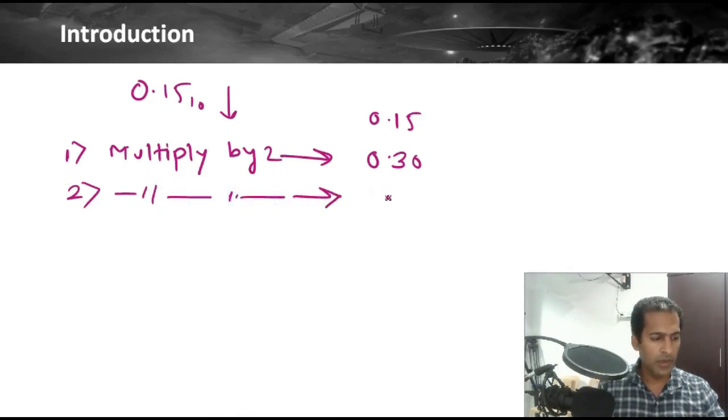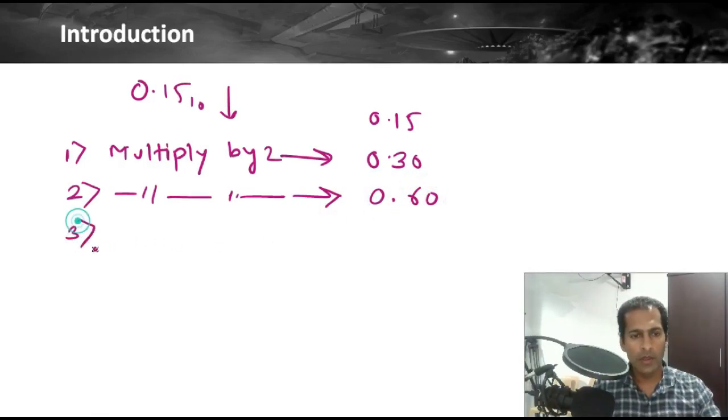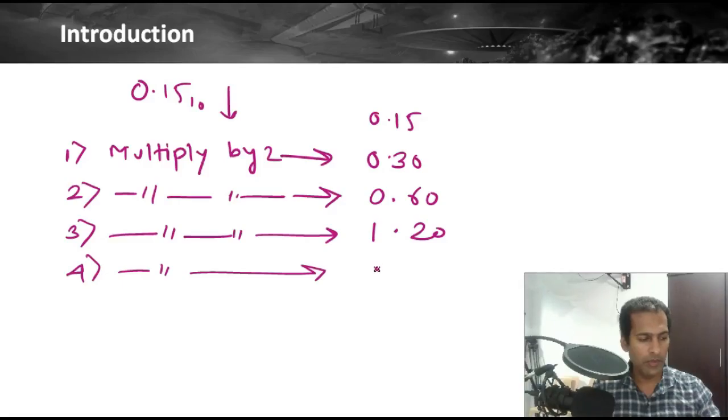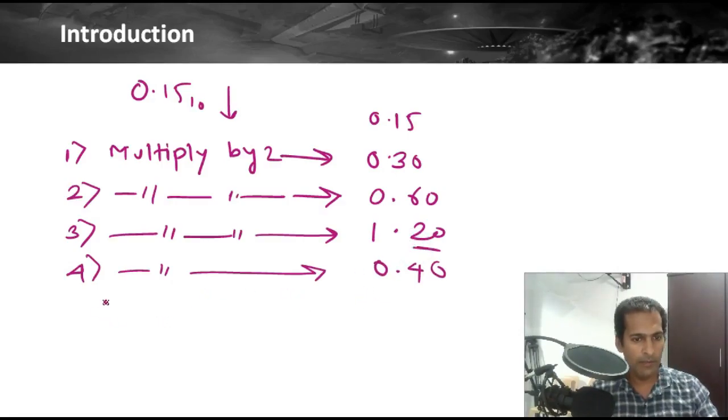So 0.30 we will get 0.60. Third again we have to multiply it, so we will get 1.20. Then fourth again we have to multiply it. We will get, after decimal, 0.40 if we multiply with 0.20 only.